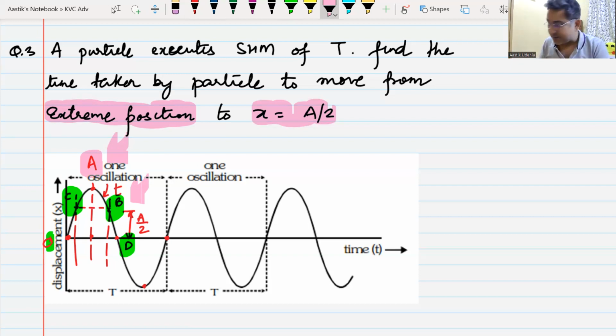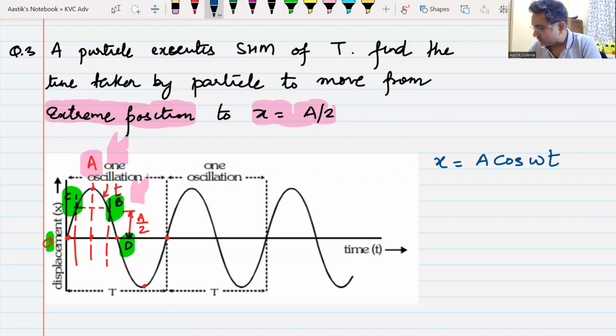If I start my wave from A, which is the extreme position, the most convenient equation is x equals A cos omega t. Yes or no? At time t equal to 0, I am at the positive extreme position. Do we understand this? Yes or no?